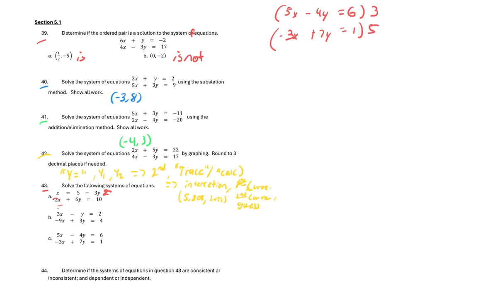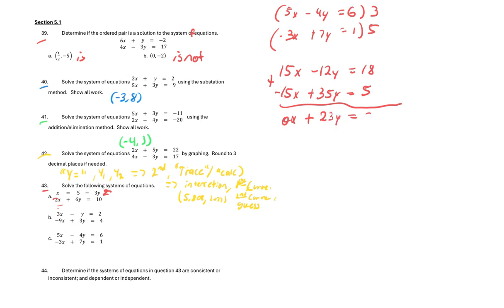So that top one, when we multiply by 3 on everything, we get 15x minus 12y is equal to 18. Then the bottom gives negative 15x plus 35y is equal to 5. Add them together, we get 0x is what we want, plus 23y is equal to 23. We'll divide both sides by 23 and find that y is equal to 1.